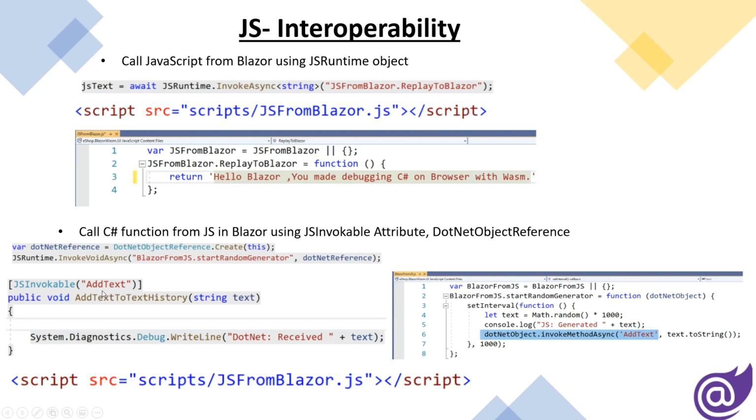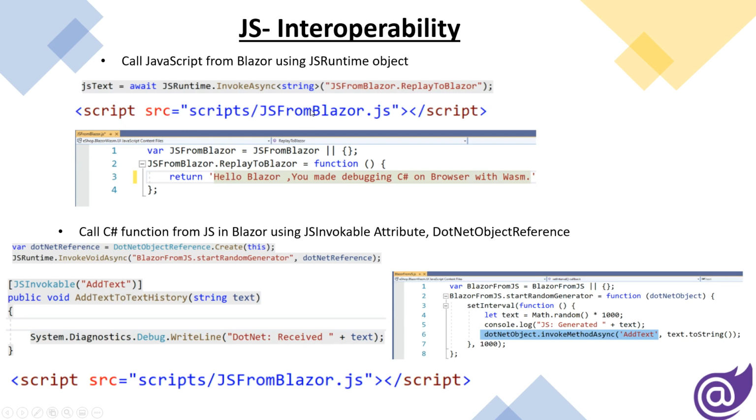The main thing is we need the JS runtime object. By using JS runtime, we can call JavaScript functions. This API allows us to call a JavaScript function, which we declare in a JavaScript file. We can call that JavaScript function.